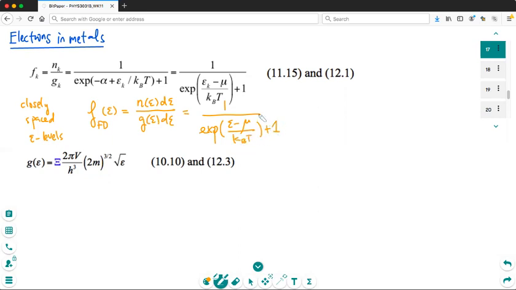Sorry, plus 1. So this is a very simple rewriting of this function in the continuum form.